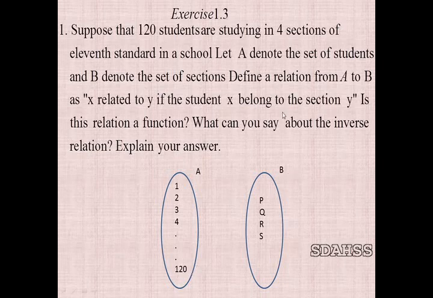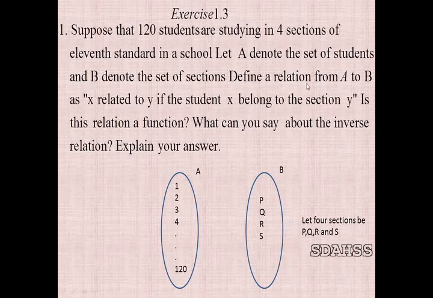Set B refers to the set of sections, 4 sections, the sections in 11th standard. A denotes the set of students and B denotes the set of sections.